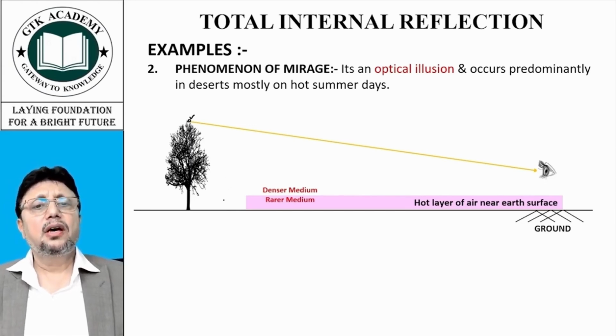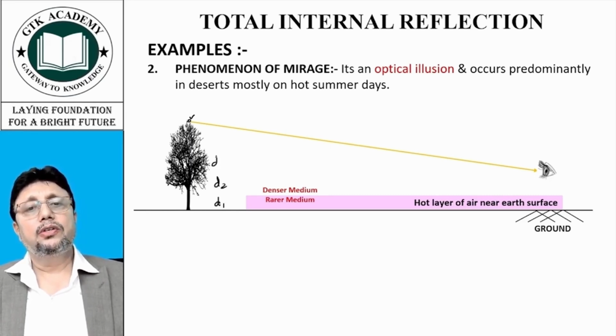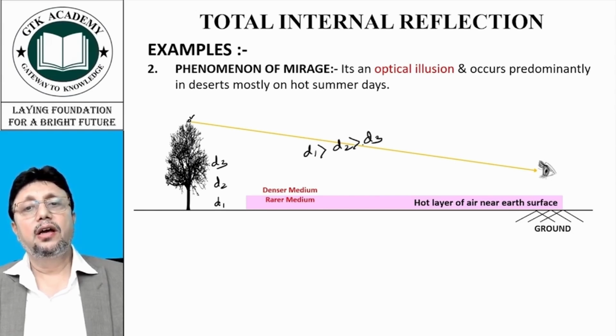Normally, in normal circumstances, if the layers have densities d1, d2, d3, the denser one will be at the bottom. That means d1 will be greater than d2, which will be greater than d3.